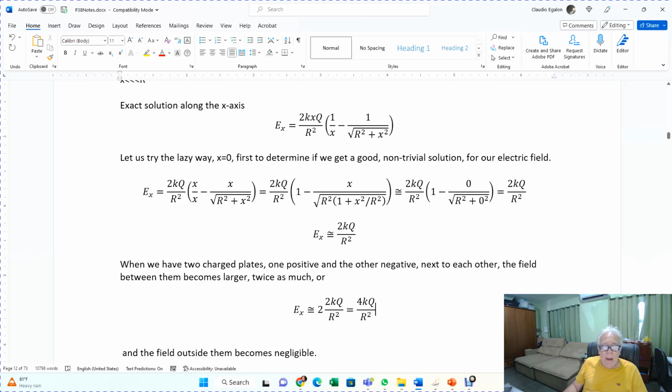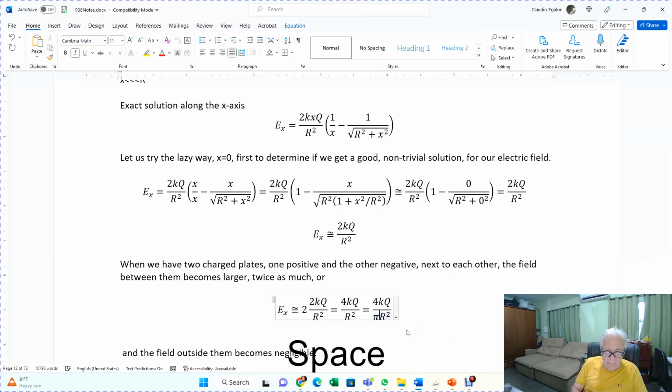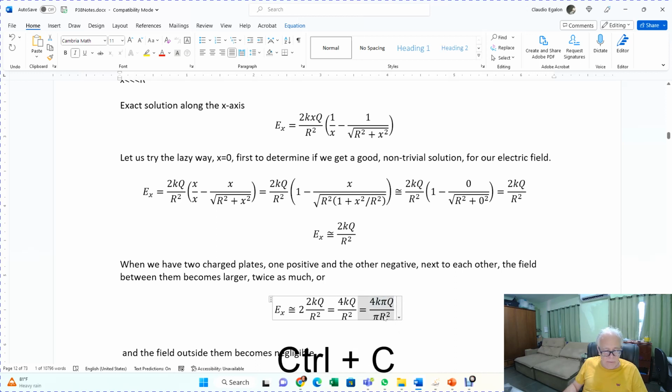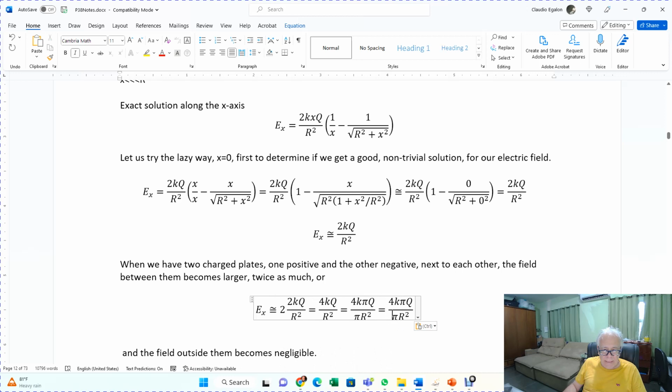Okay? I'm going to rewrite this equation in a different way. I'm going to multiply and divide this expression by pi. Note that pi r squared is nothing but the area of the plate.